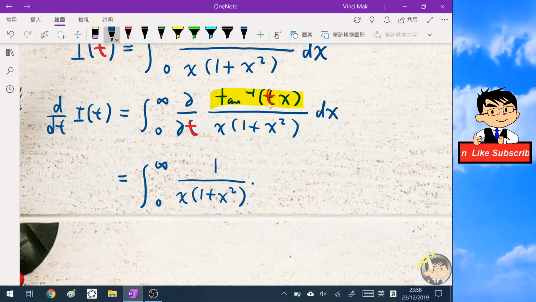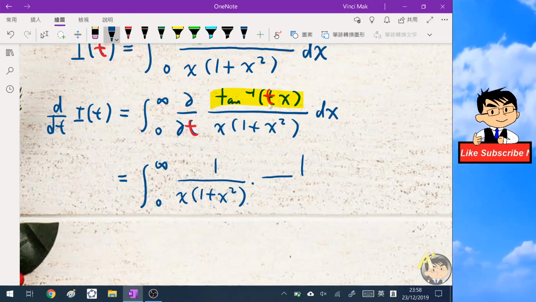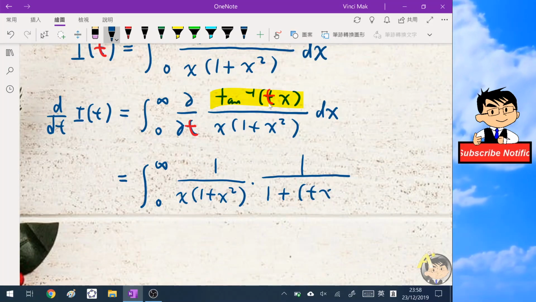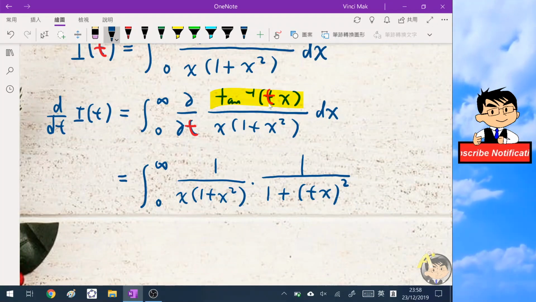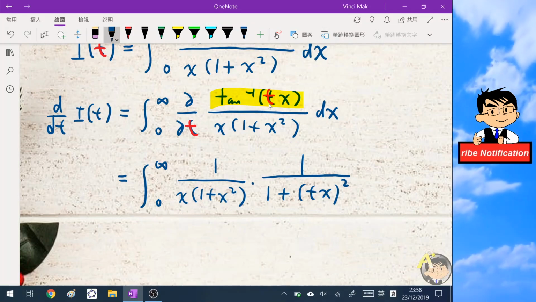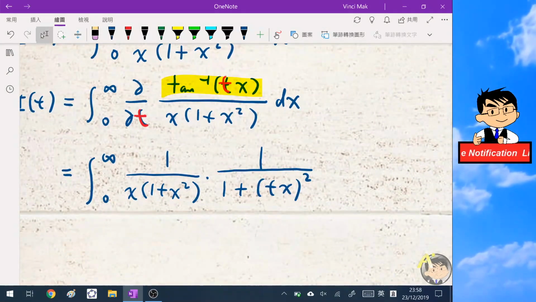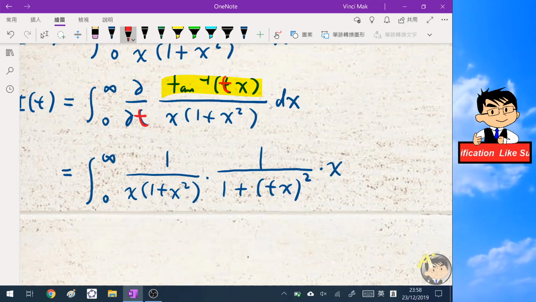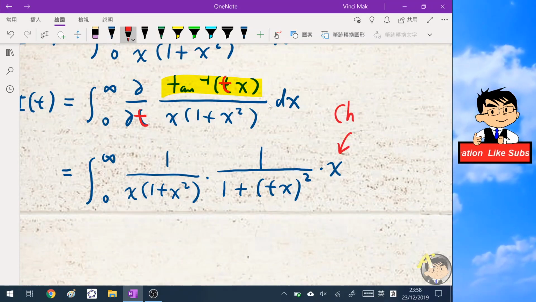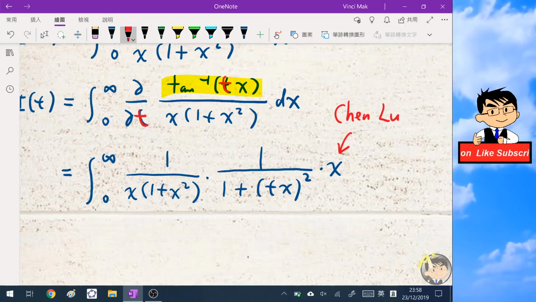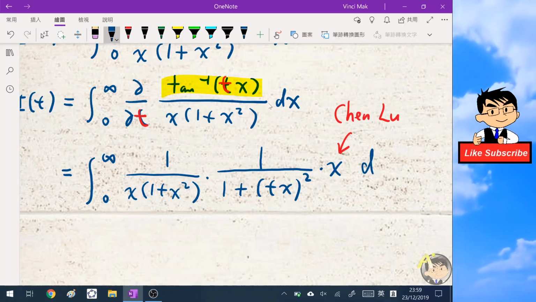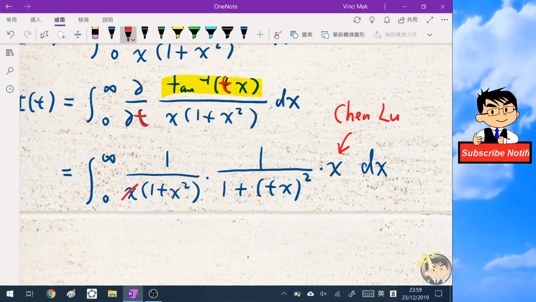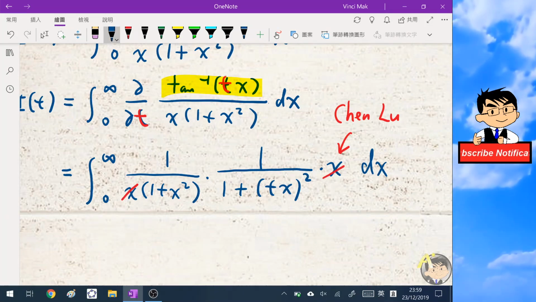So now we have 1 over 1 plus tx whole squared, because we differentiate arctangent tx, multiplied by x, because of the very famous chain rule. Okay, and a dx. So now we are happy, because this x is automatically cancelled out.